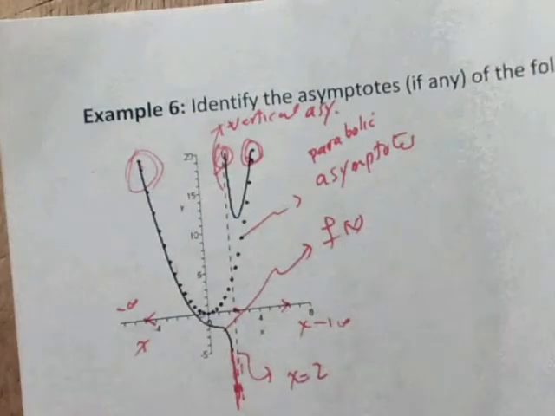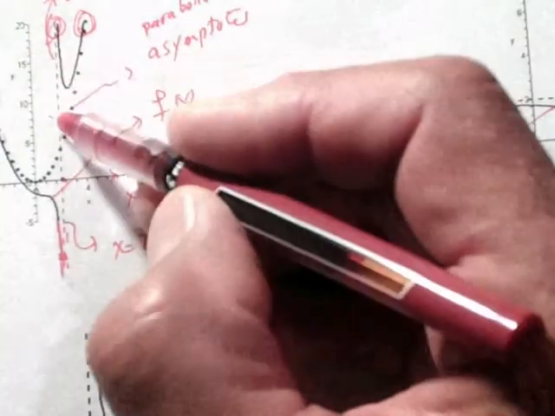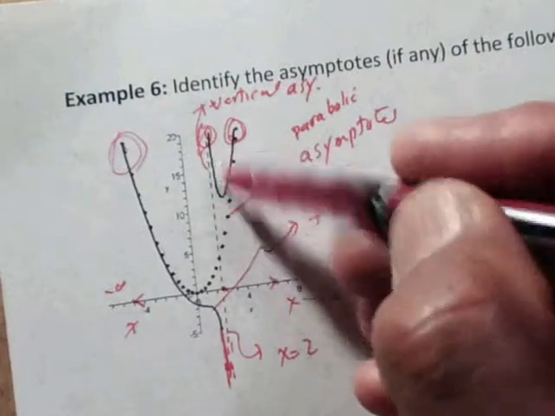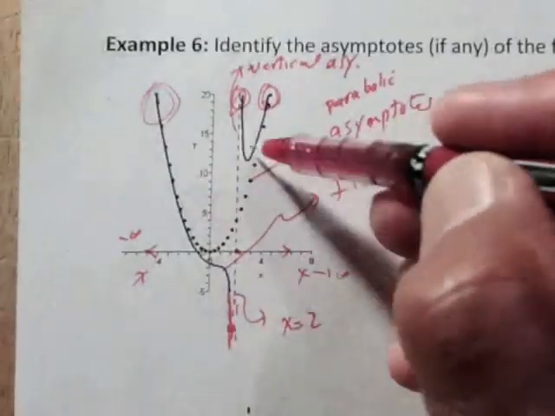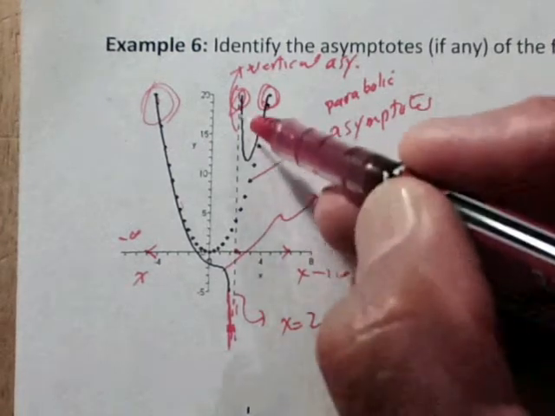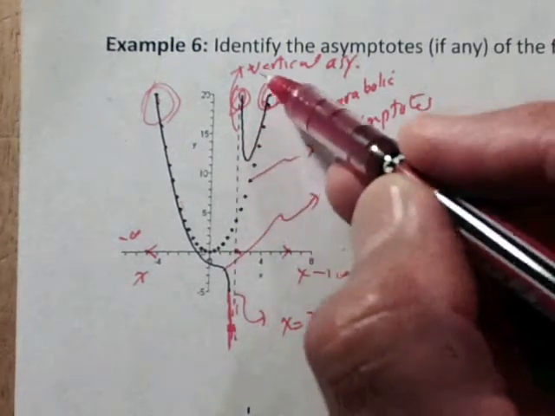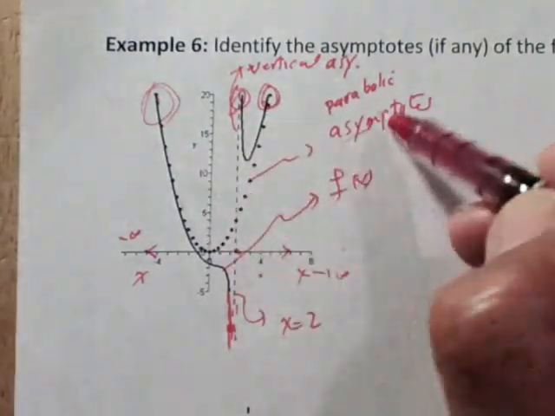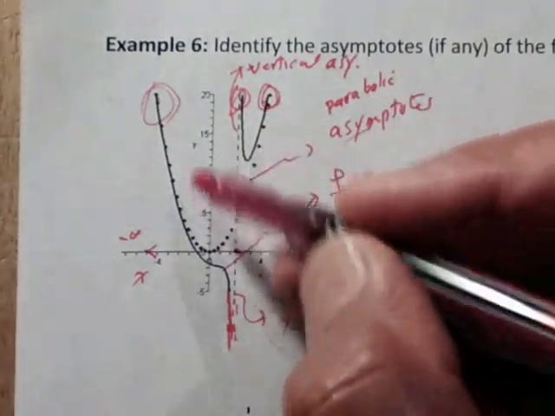Okay, so this is the vertical asymptote. This dotted line here is a vertical asymptote, and this dotted line here is a parabolic asymptote.